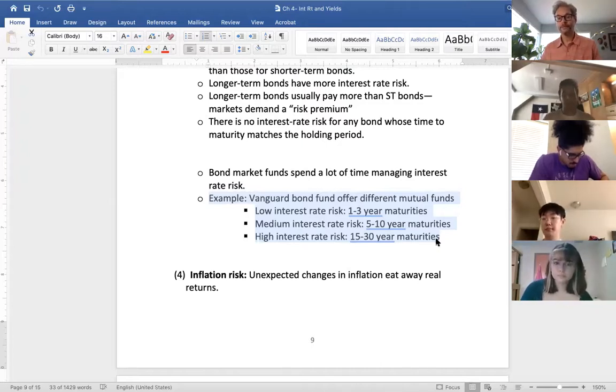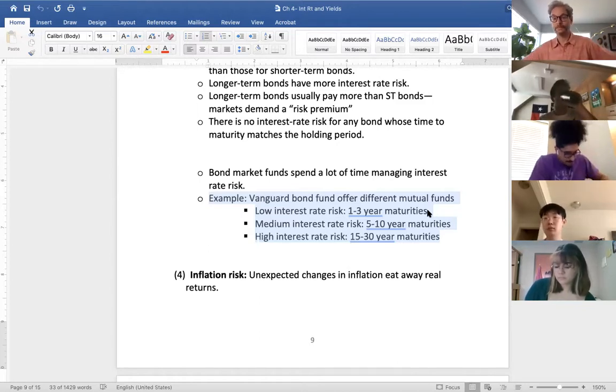When they say a bond fund has low interest rate risk, what they mean is that it's only holding bonds that have maturities of between 1 and 3 years. What happens if there's medium interest rate risk? Well, then it's holding maturities of between 5 and 10. And high interest rate risk is between 15 and 30.